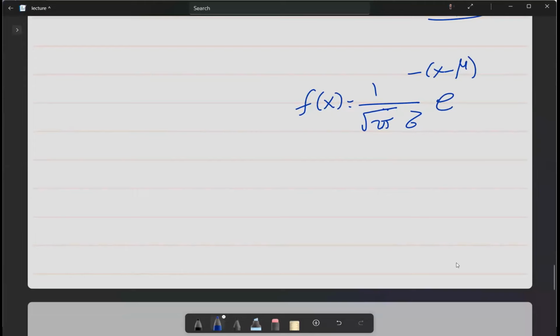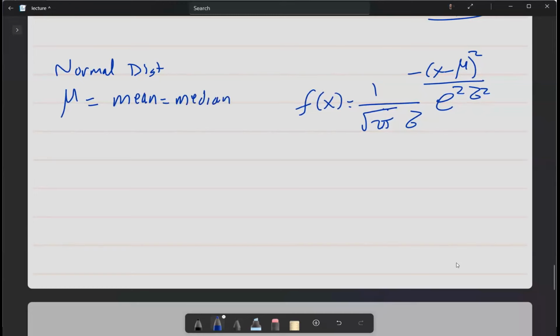Remember, in the normal distribution, mu is the mean, the same as the median, and the same as the mode.